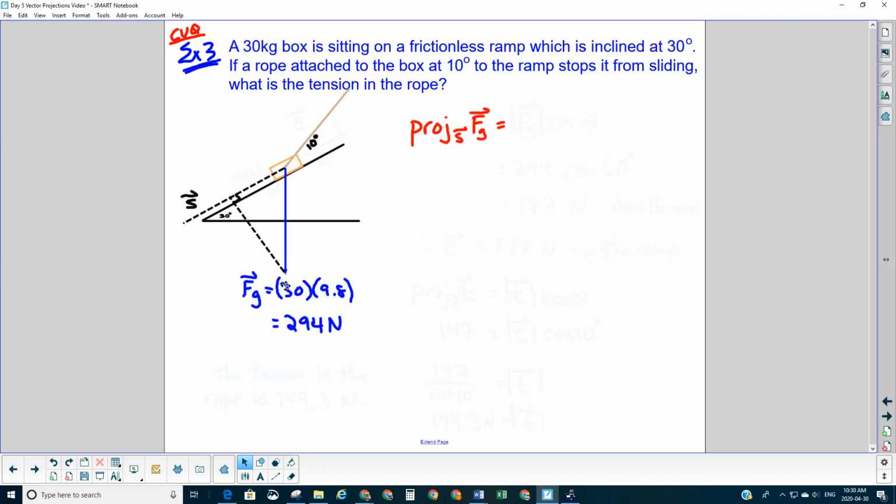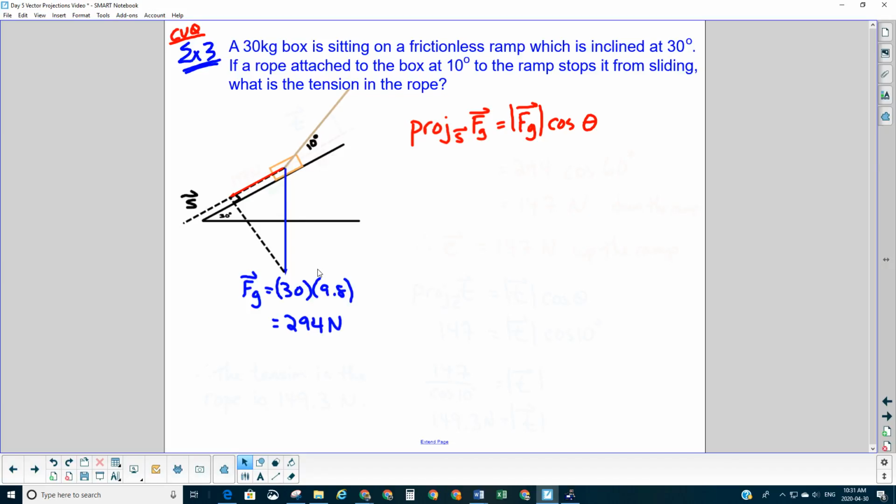I want to know how much of this gravity pull is in the S direction, and that results in a vector like this. Let's use our formula for projection: Fg cos theta. The catch is that theta is the angle between this vector and the direction it's moving. So we need this angle right here.